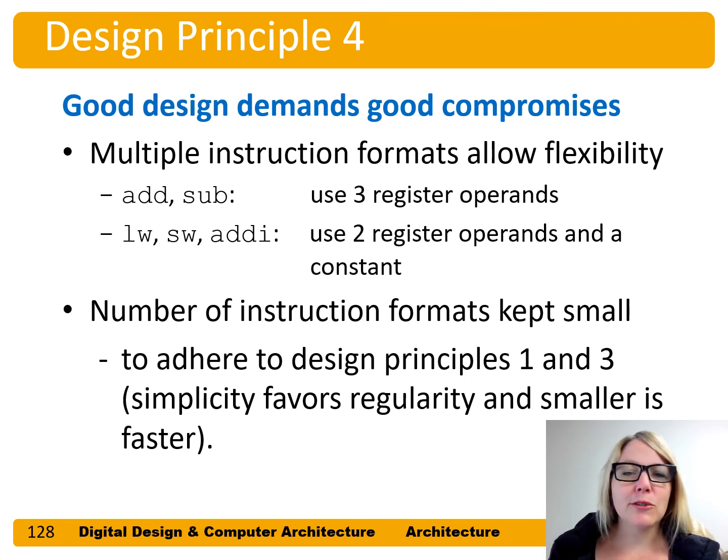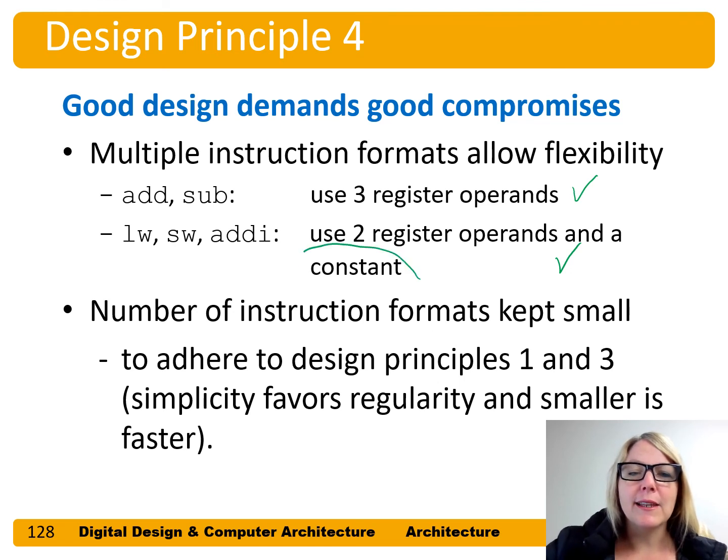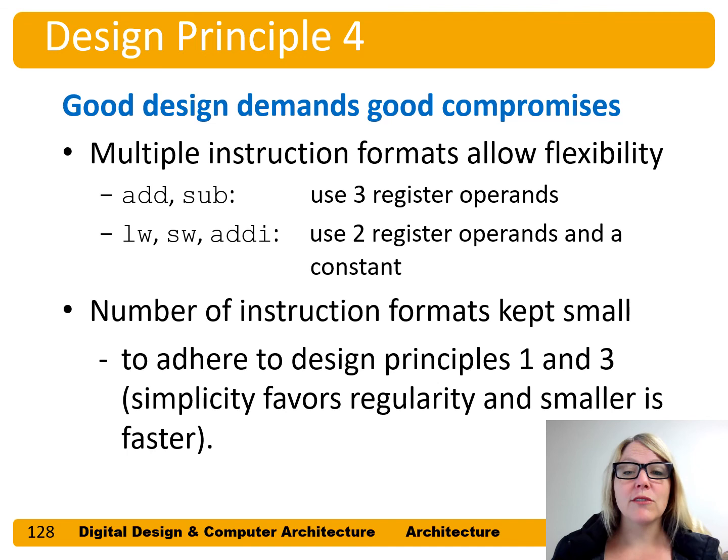So add and subtract have 3 register operands, whereas other instructions like load word, add immediate, and store word have 2 register operands and an immediate or constant. So we still keep the number of instruction formats small. We have essentially our 4 instruction formats, and 2 of those have variations on them.